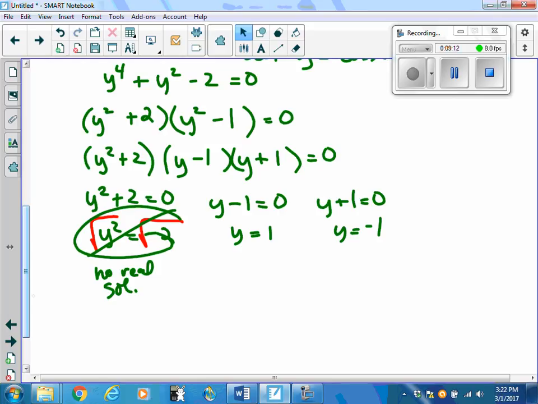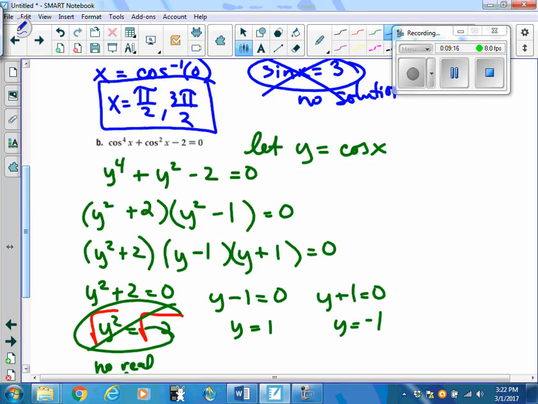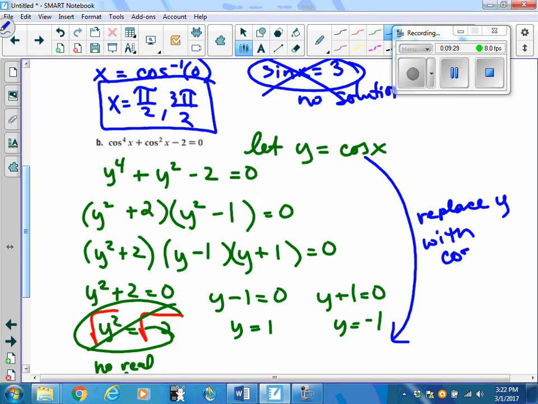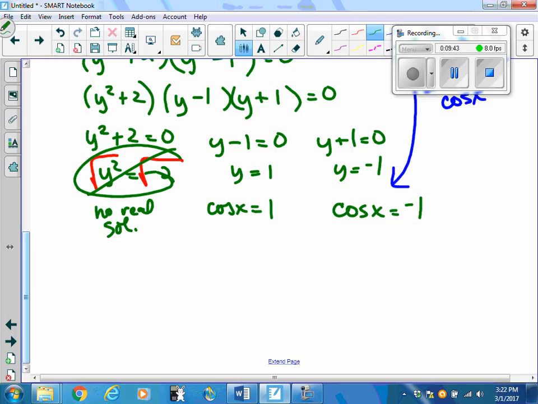Now I'm going to go back up to the top here. Where I had originally let y equal cosine x, I'm going to replace all my y's with the original cosine x now. So that I get cosine x equals 1 and cosine x equals negative 1.